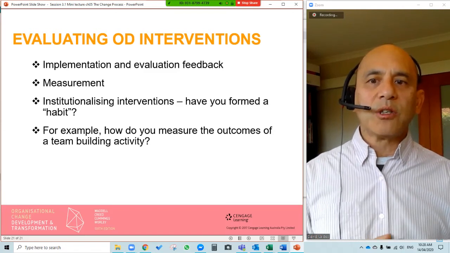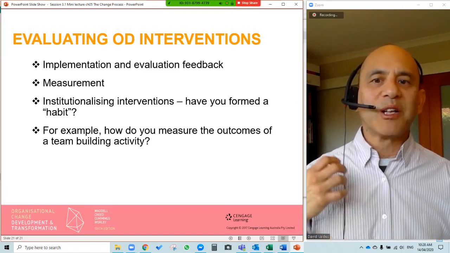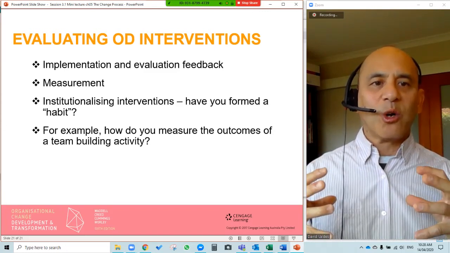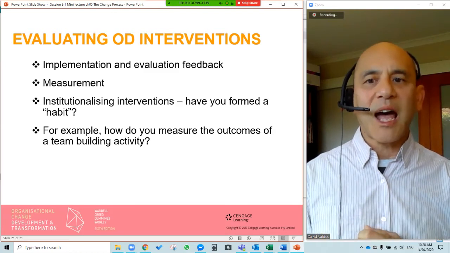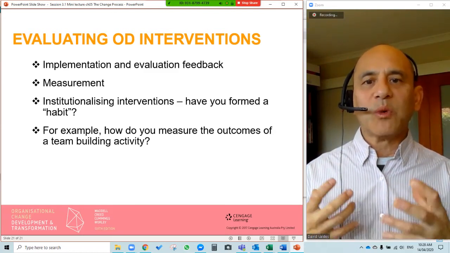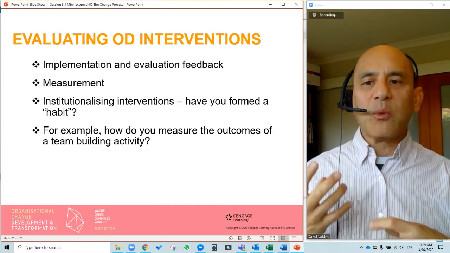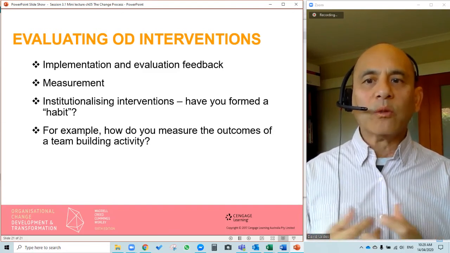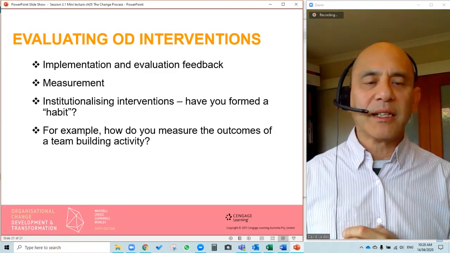Are these interventions institutionalized? In other words, are the interventions now part of the institution, where we do it as part of a habit, even without the intervention from an OD practitioner? Are we doing this on our own? That would be an example of institutionalizing an intervention.